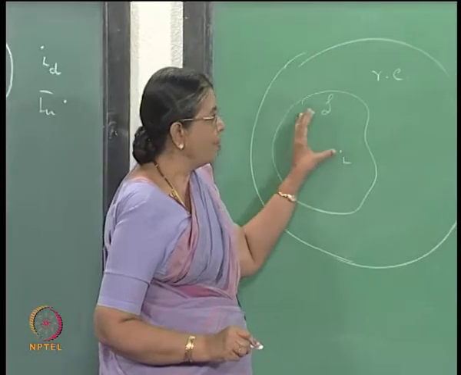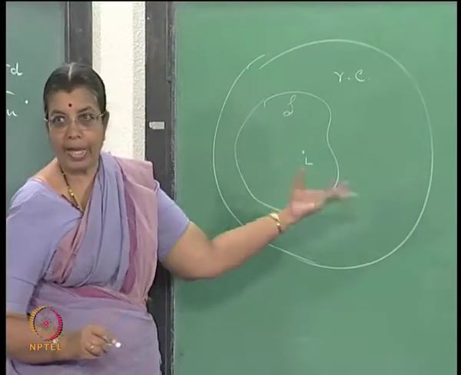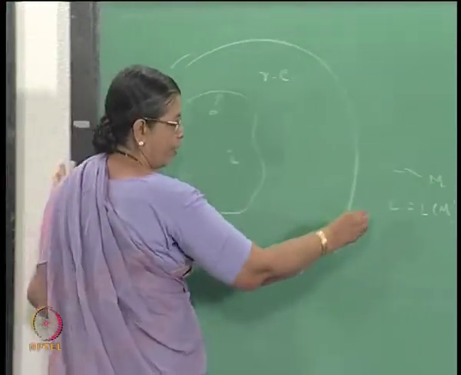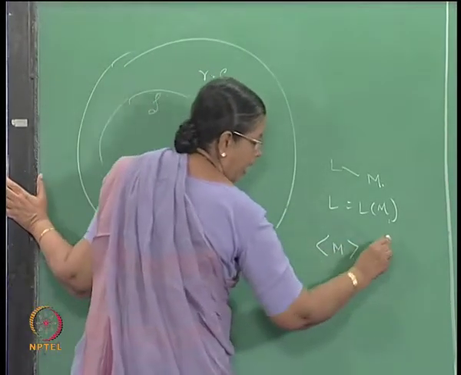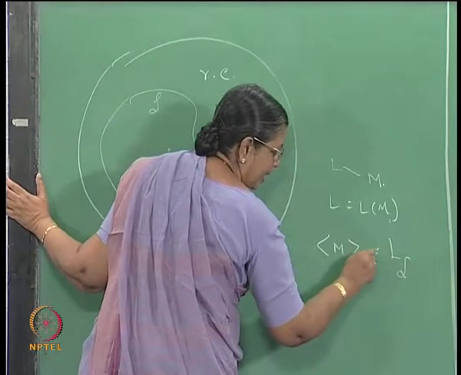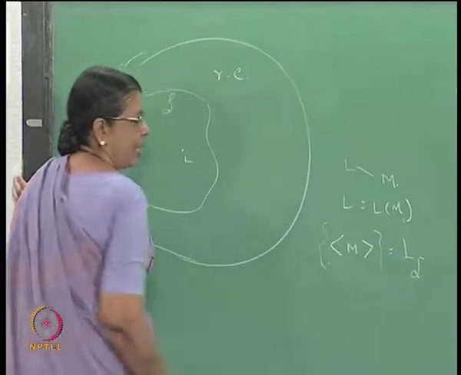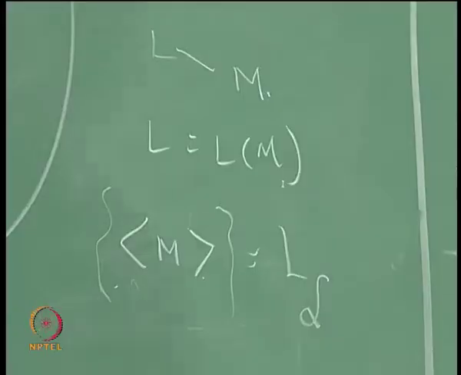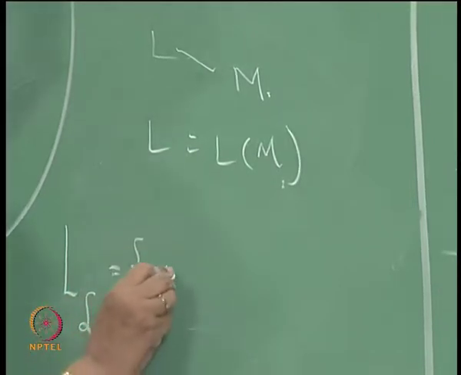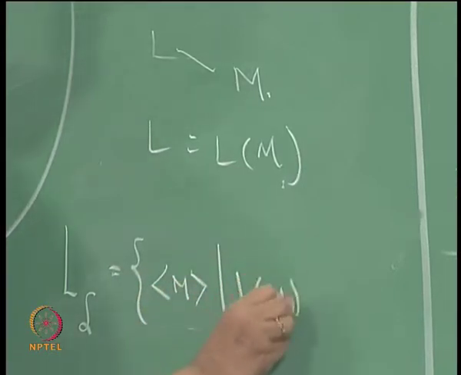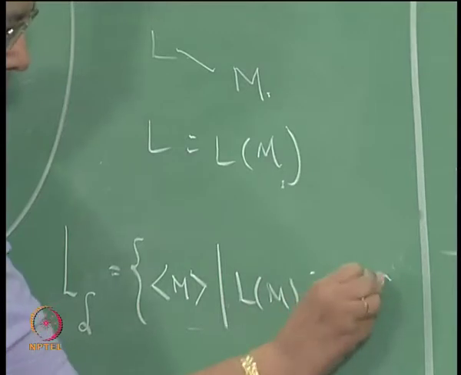So, if L(M) is in S, take the encoding of M. L_S is a language which represents the encoding of Turing machines M such that L(M) is in S.